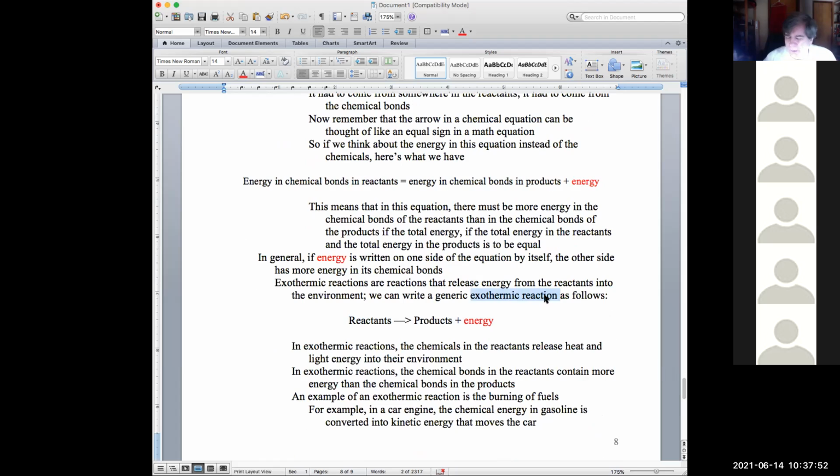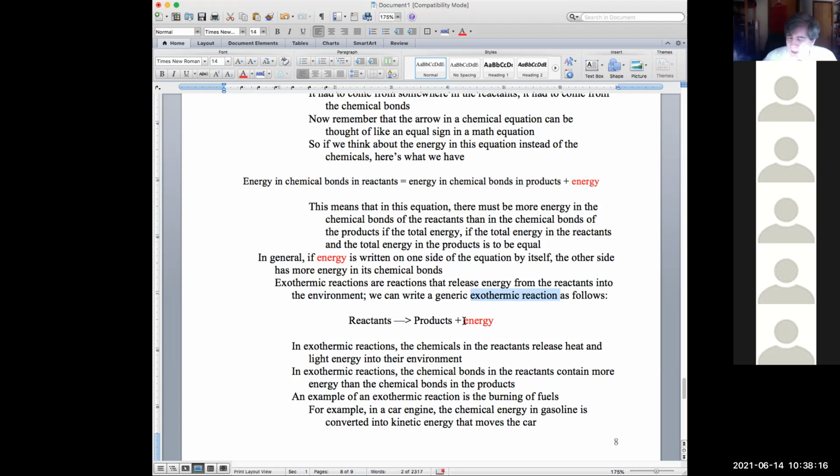Exo means out. So energy is going out of the chemical bonds. Now, in the types of reactions that occur in nature, this free energy is usually heat, but sometimes it's light, for instance, when lightning bugs light up, and sometimes it's mechanical energy.